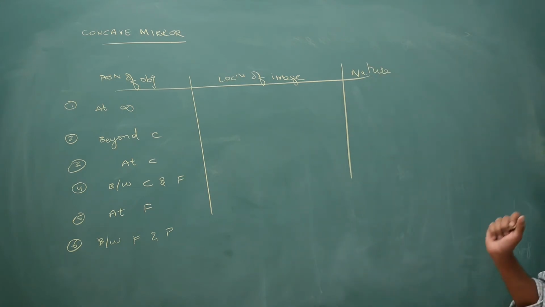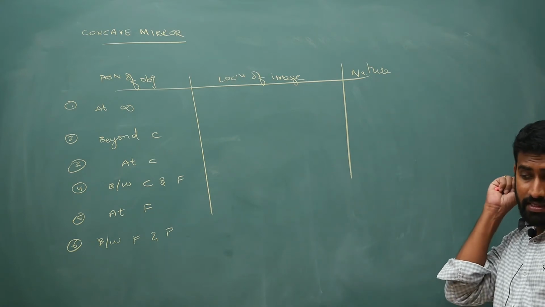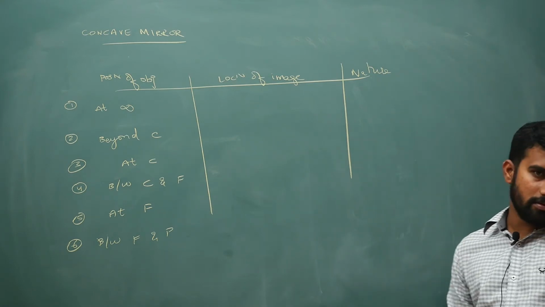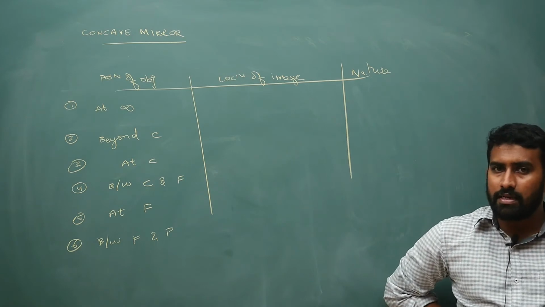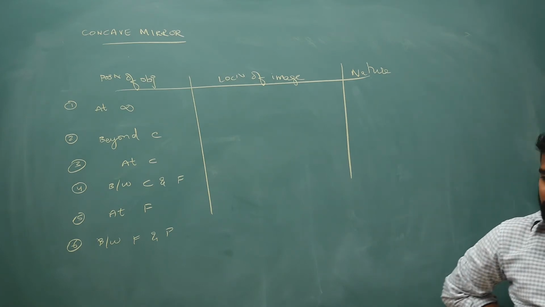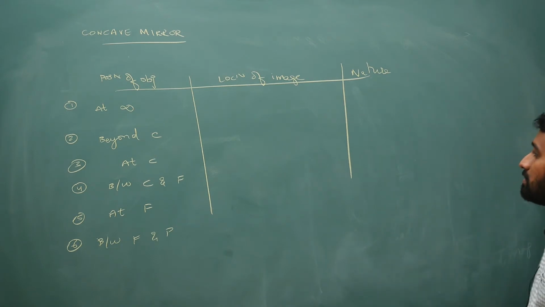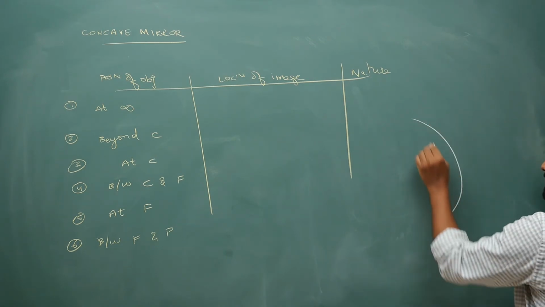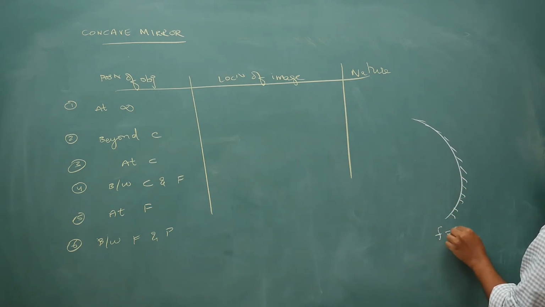I will give you a concave mirror, and I want you to fill the table of results with what you get. Copy this down and fill the table later, where the image is formed, everything. Take a concave mirror, focal length 20 centimeter.